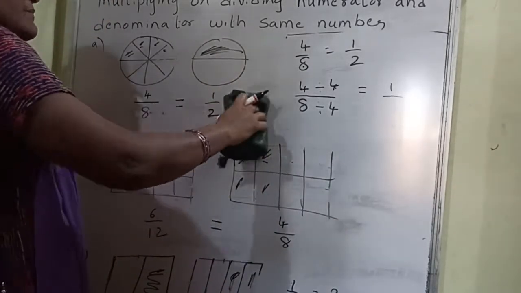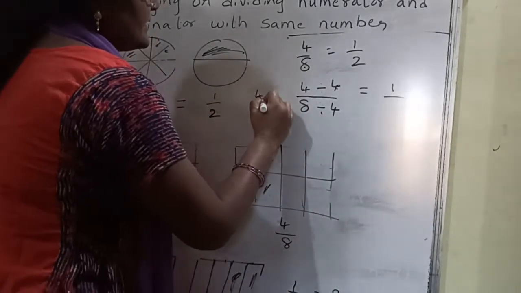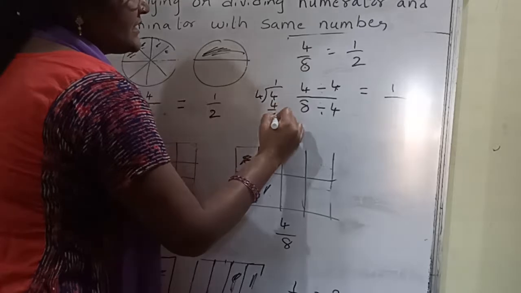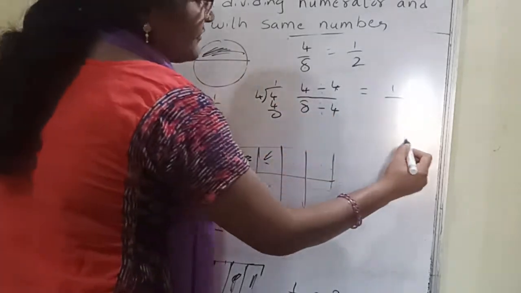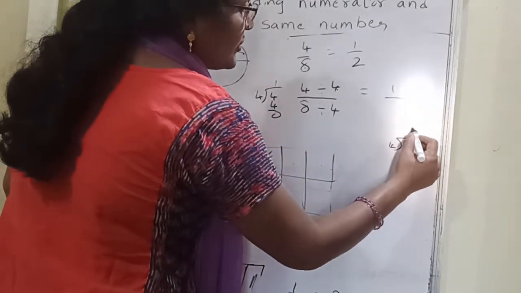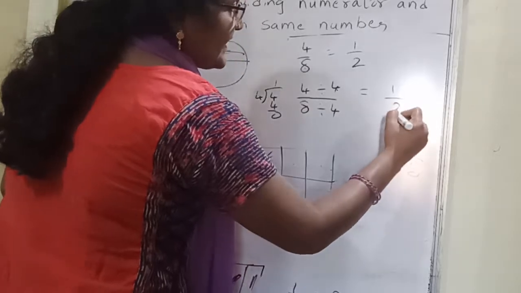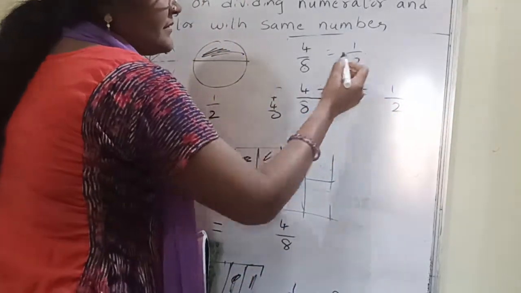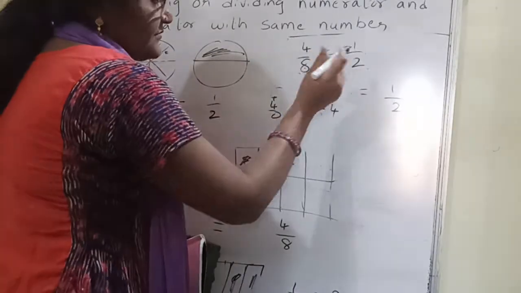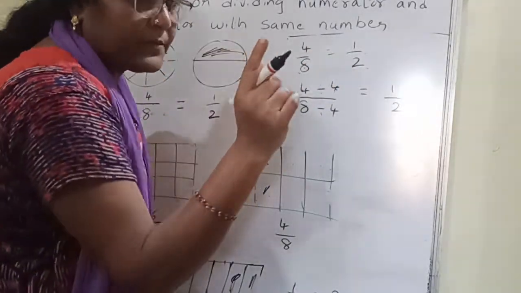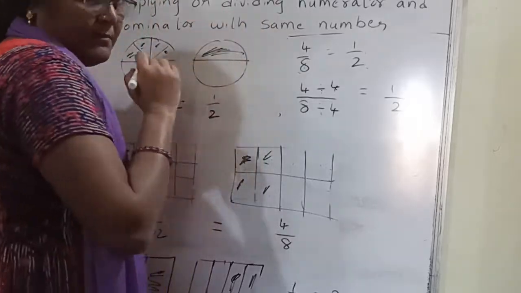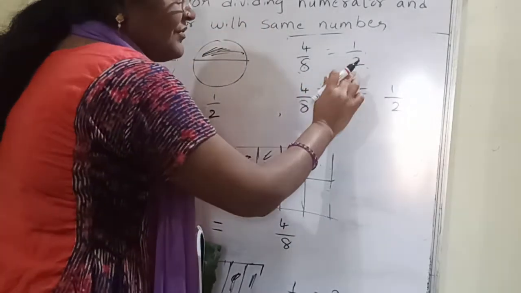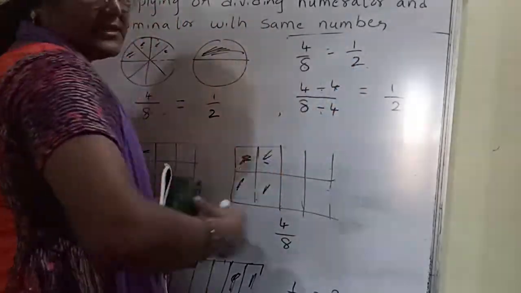If you divide a number by itself, you are going to get 1 as the quotient. That you know. In the same way, I am dividing 8 by 4. 4 twos are 8. So I am getting 2. So we got this fraction or not, tell me. From this fraction we can get this fraction, but using which operation? Division or multiplication. Let us see how we will get this fraction using this fraction.